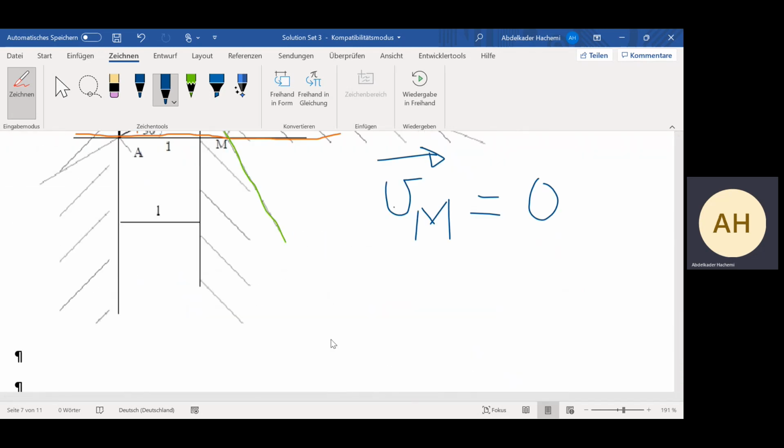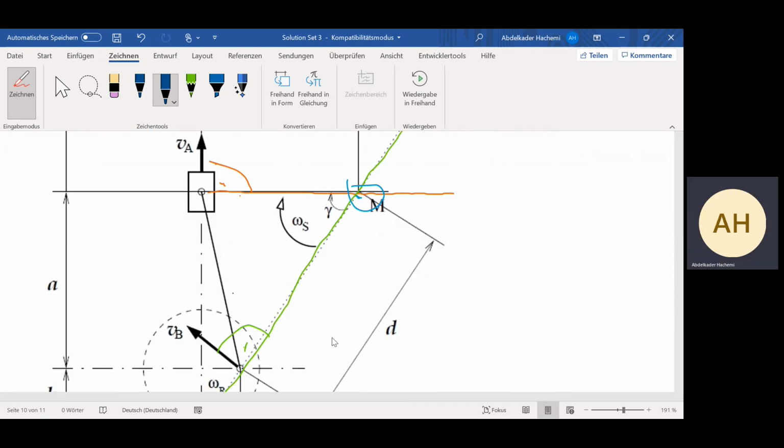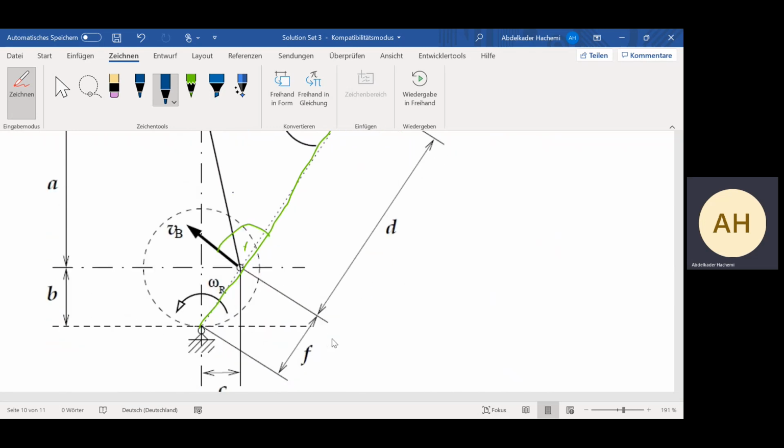If I return back to the picture, we have here VB. It's the velocity of this point, which is 0, plus omega r multiplied by the distance here, f.